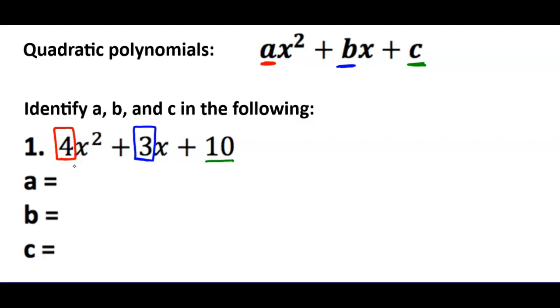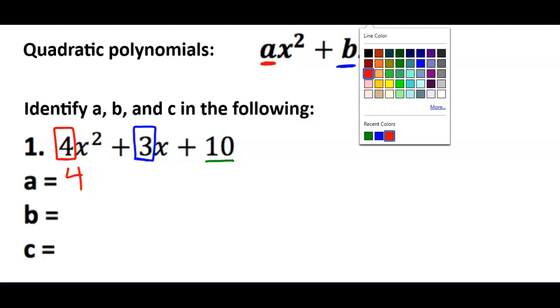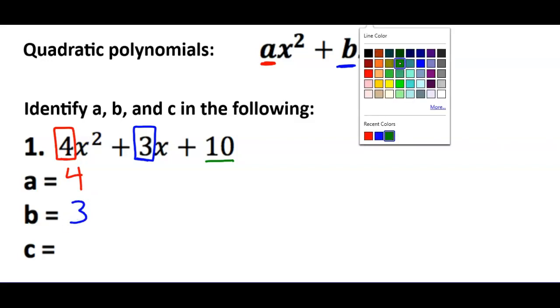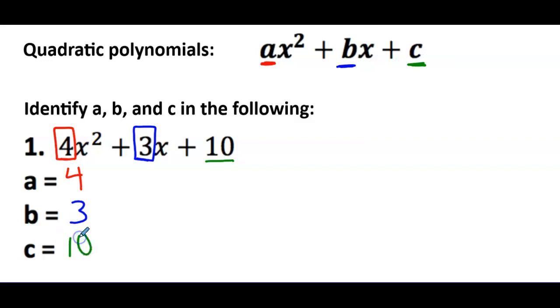So what are my numbers? They are 4, 3, and 10. Now, if there was a minus sign here, it would be a -3. And it's super, super important that you get that right.